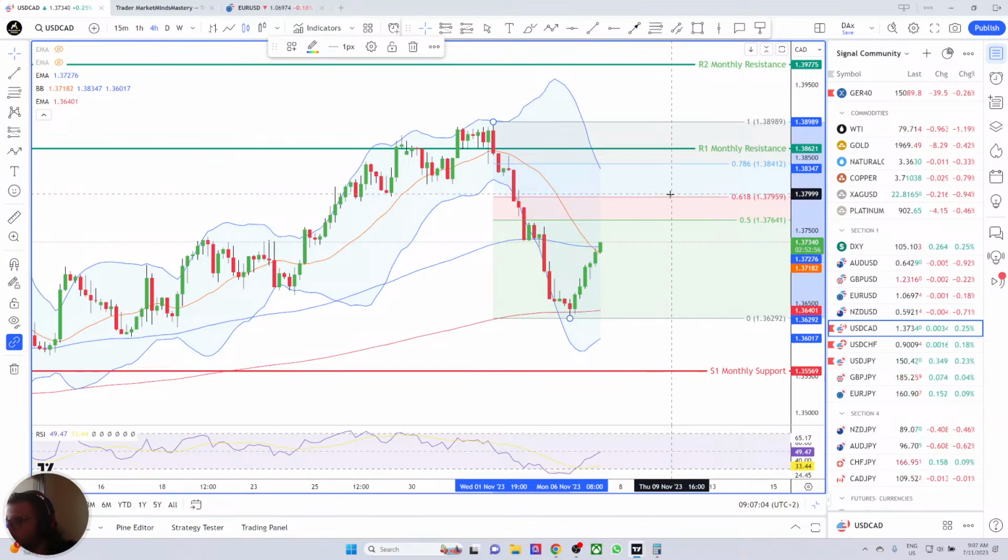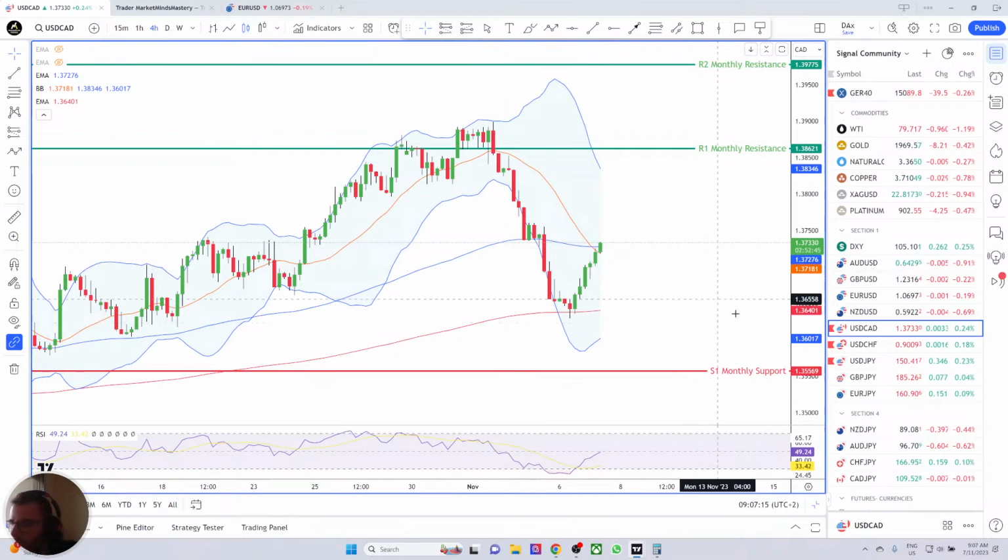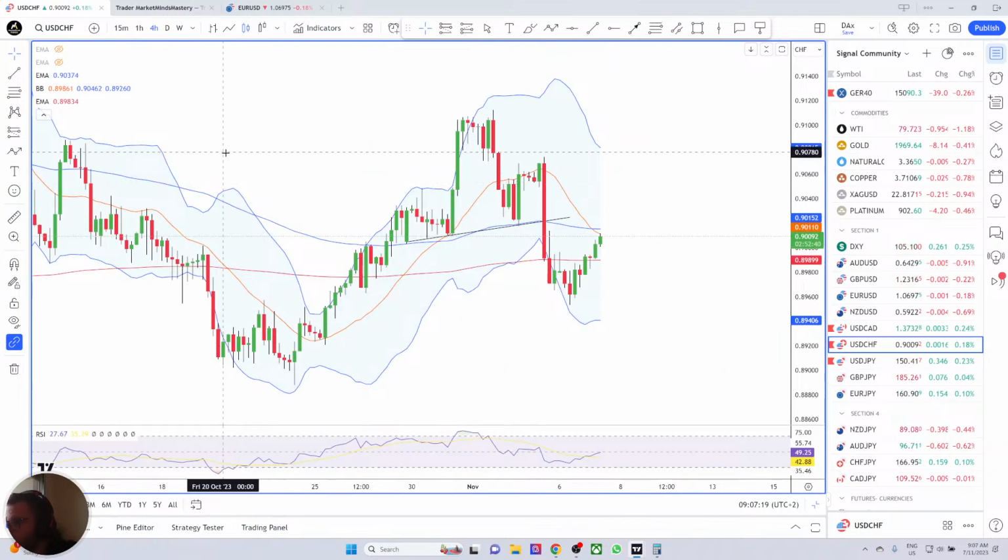So if price comes around the area of 61.8% of the Fib, I will be looking to get involved on a price action. USD to the downside, yes.